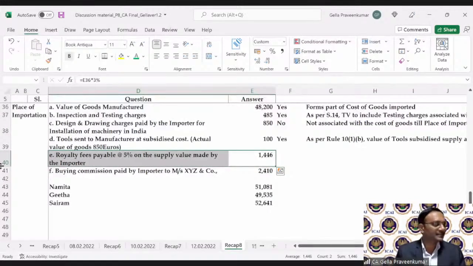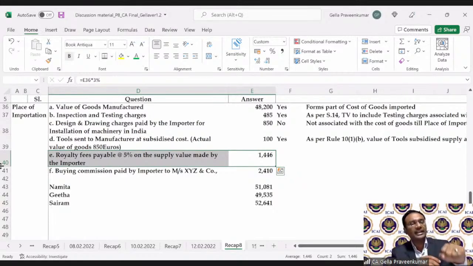So here, this particular importer has to pay royalty to this particular supplier. In this example, assuming that Praveen is an importer, Priya happens to be an exporter. For the goods which have been imported into India and which have been sold at a later point in time, after the sale happens from Praveen to an unrelated party.